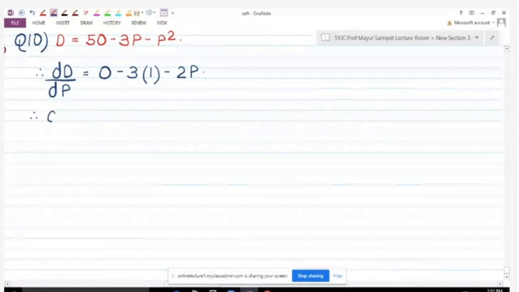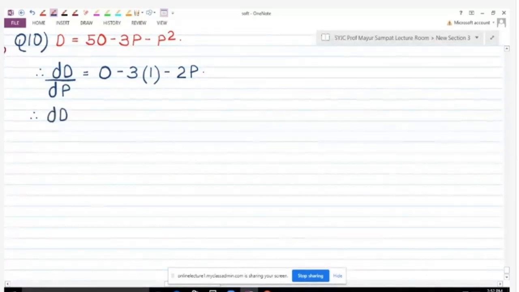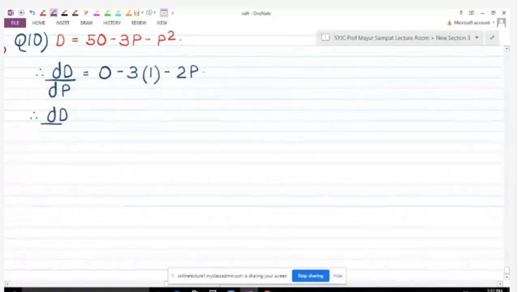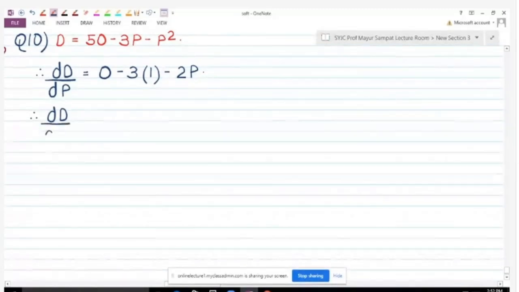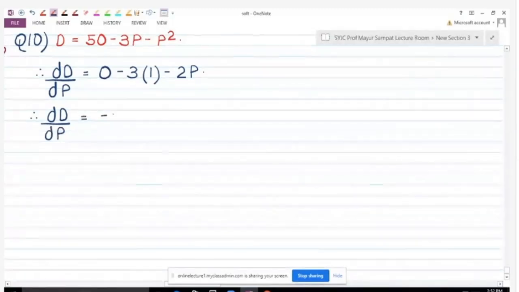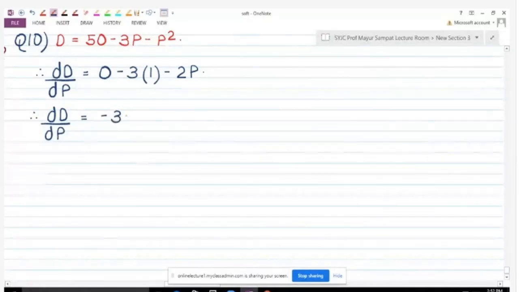Therefore, dD upon dP, the answer is minus 3 minus 2P.